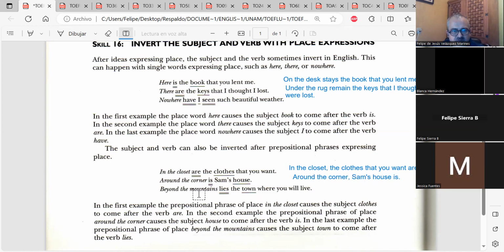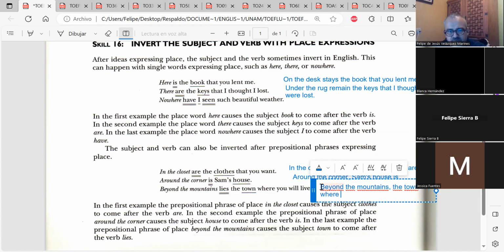Beyond the mountains lies the town where you will live. Beyond the mountains, comma, the town where you will live lies.